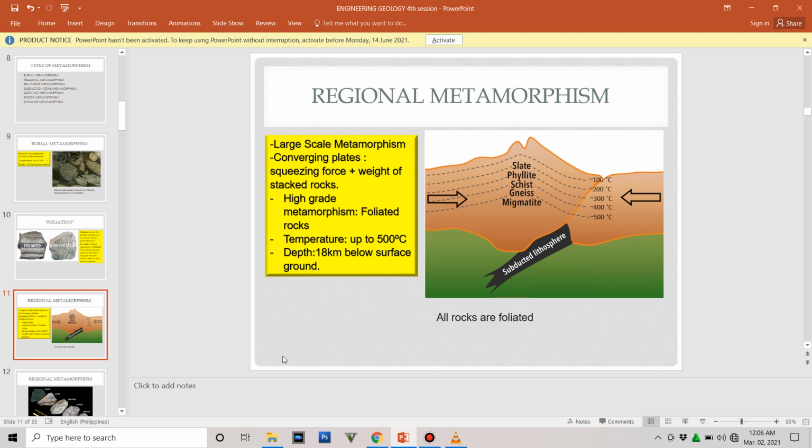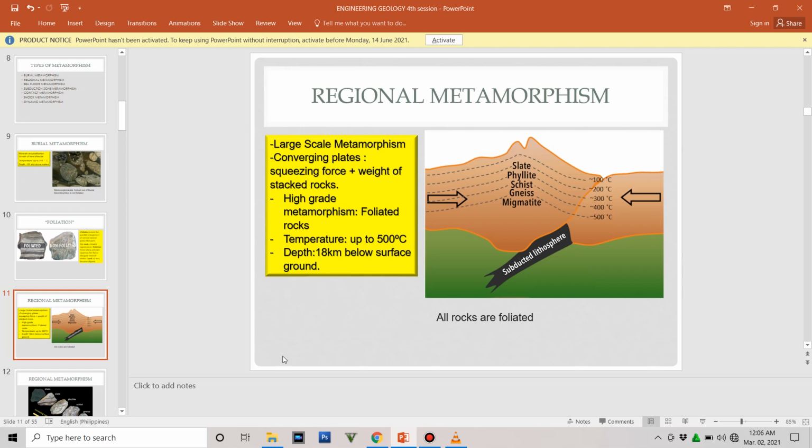It is a combination of the squeezing force plus the weight of stacked rocks. As we go deeper, there will be a high grade of metamorphism that will cause more foliation on the rock. So as we go deeper, foliation will be more evident on your rocks.